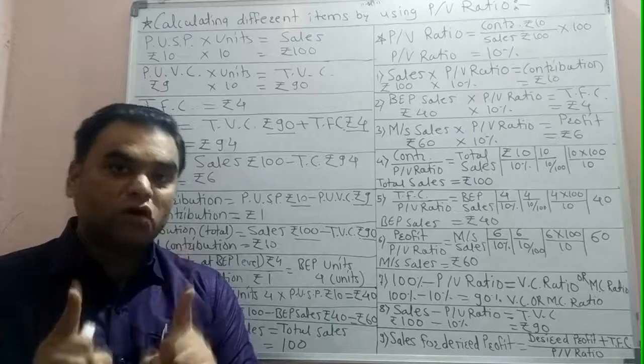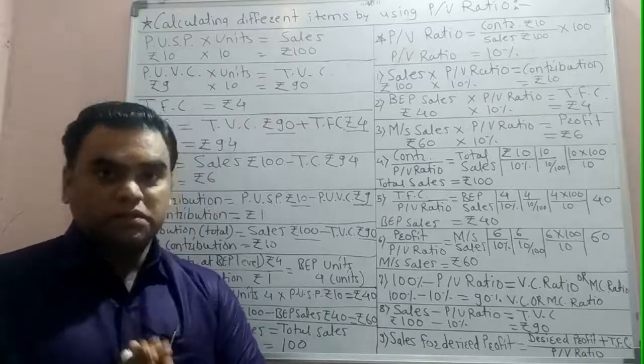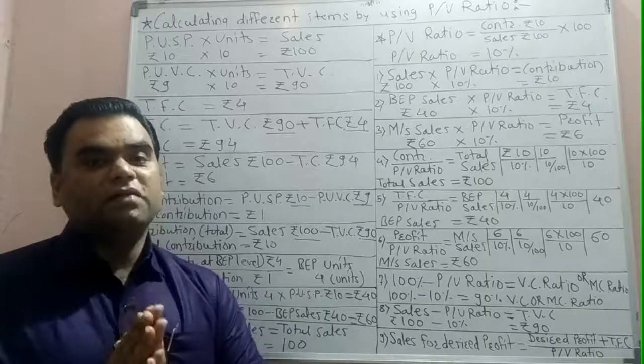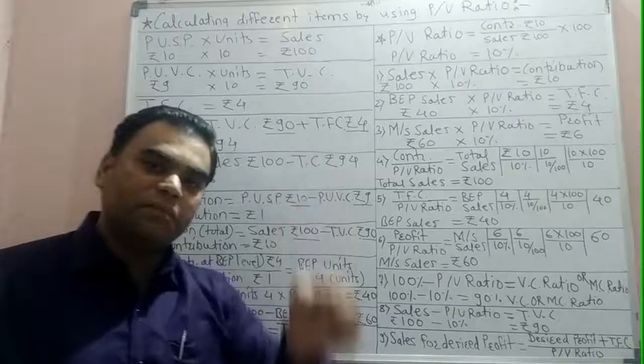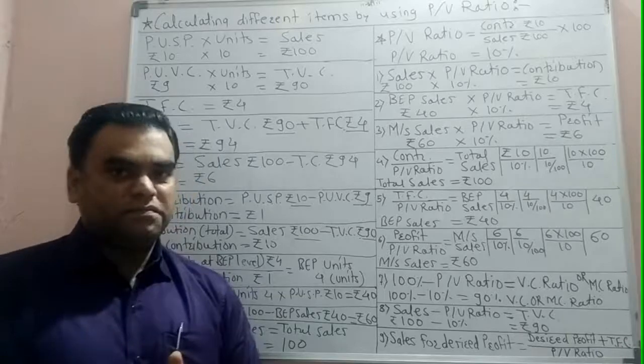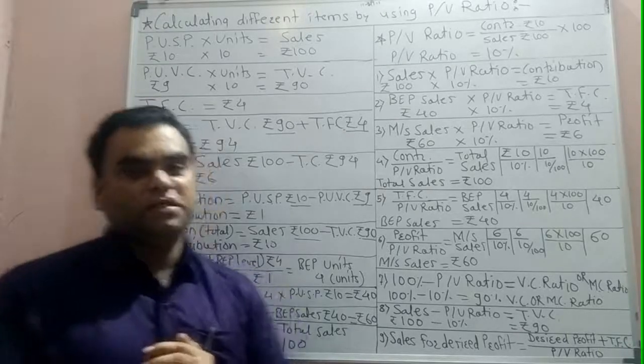While solving problems of marginal costing technique, if you are confused, if you don't know how to solve that problem, then just first calculate the PV ratio. PV ratio is a key to solve the problems of marginal costing technique.